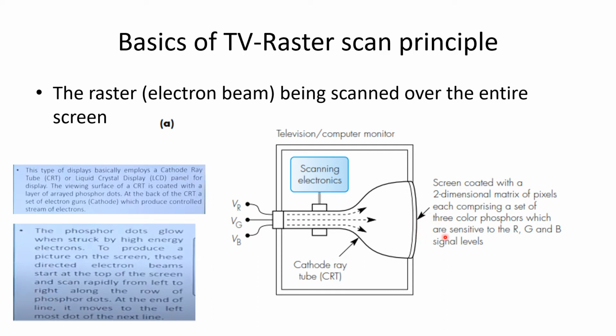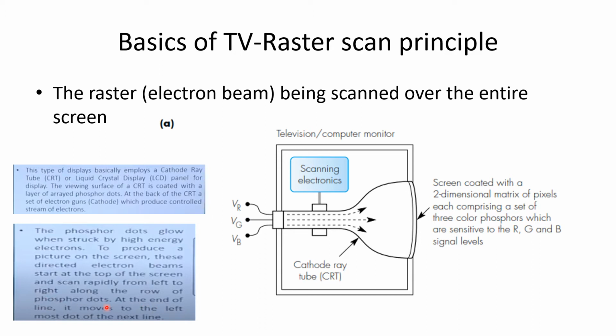Whatever optical image of the televised object is formed on the photosensitive plate, the electron beam breaks it into a series of horizontal lines. The phosphor dots glow when they are struck by high energy electrons, and to produce a picture on the screen, the beam starts at the top of the screen and scans rapidly from left to right along the row of phosphor dots.